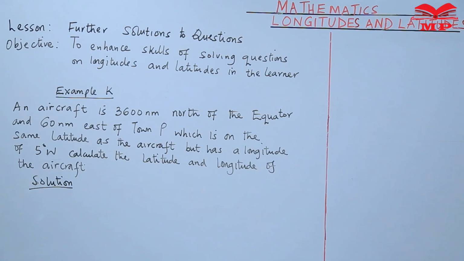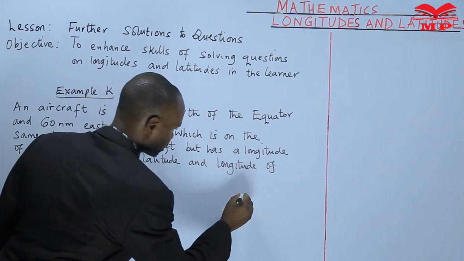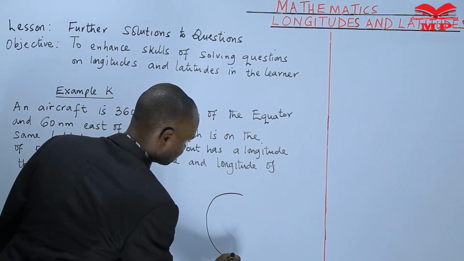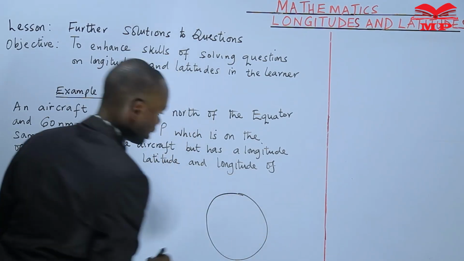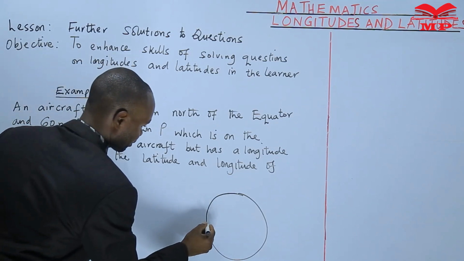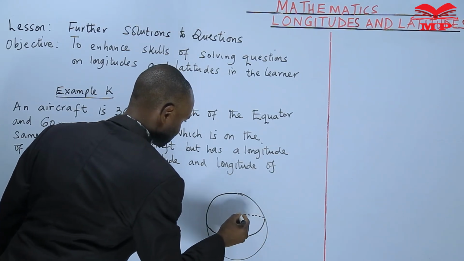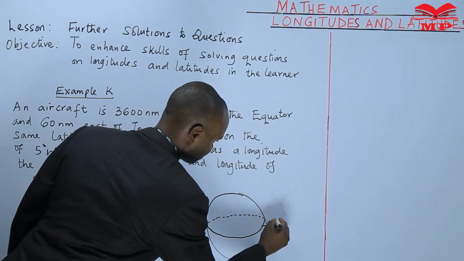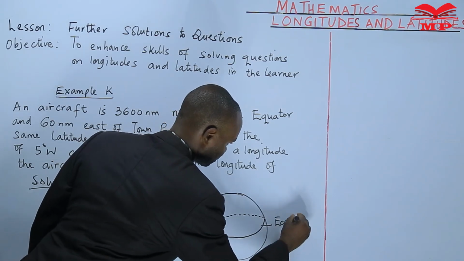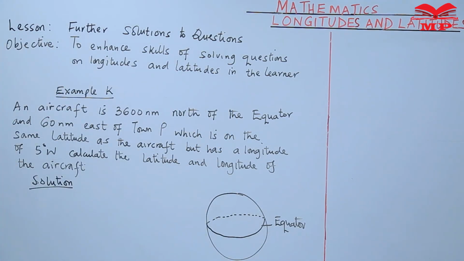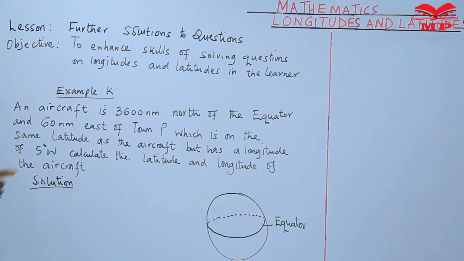as I earlier said, a diagram is very important. You have to sketch a very good diagram so that you know how you are moving. So the first thing to locate is always the equator. So you have your equator. From the question, there is some relationship. There is a town P. It is on a longitude of 5 degrees.